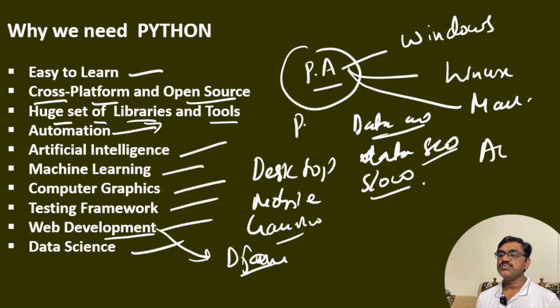You can become an automation engineer. You can become a backend developer. These are the various roles; you can become a machine learning engineer. So these are the various important high paying careers in which you can settle. That's why Python plays a major role in your life. Please start learning Python right now.